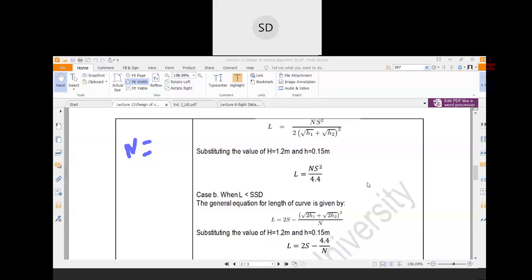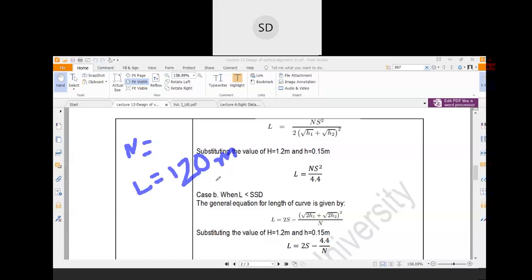Now, consider the situation where the value of the length from the first assumption happens to come out like 120 meter or 100 meter.